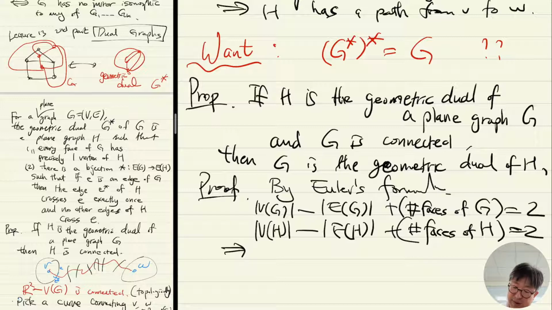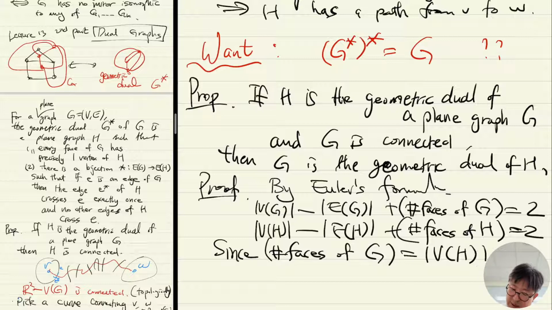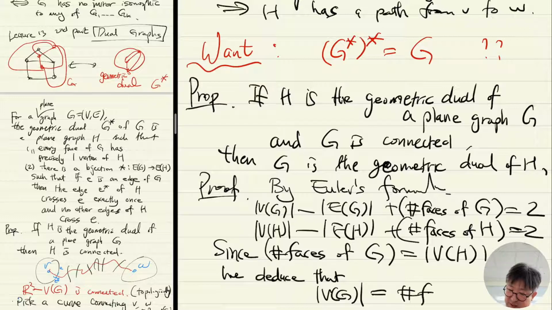But remember that each face of G has precisely one vertex of H. So since the number of faces of G is equal to the number of vertices of H, we deduce that the number of vertices of G is equal to the number of faces of H.